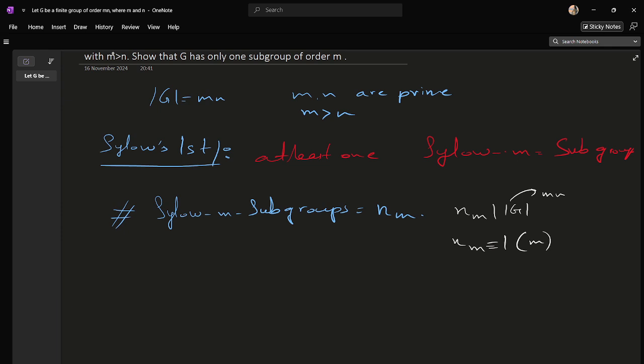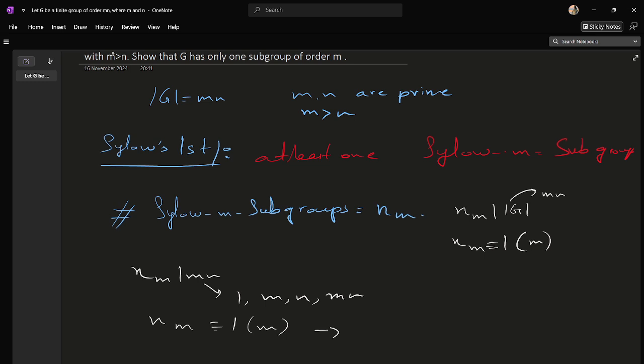So we have to now determine the possible values of n_m from condition 1. n_m divides mn, and since m and n are both prime, the divisors of mn are 1, m, n and mn. From condition 2, n_m is congruent to 1 mod m.